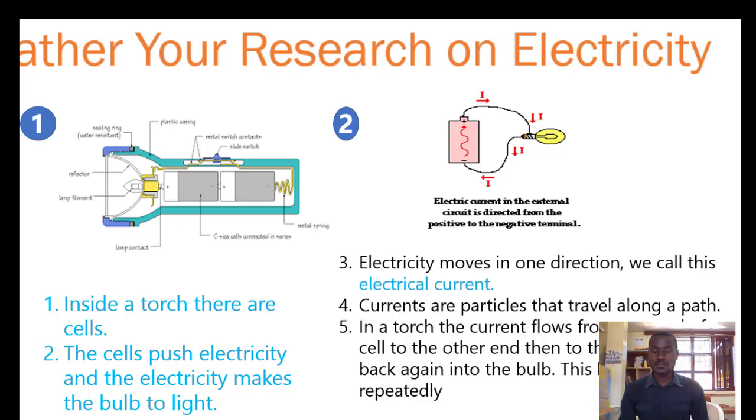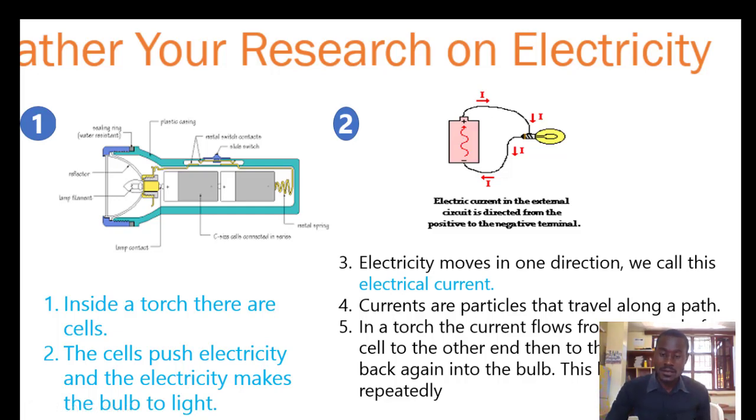We say that electricity moves in one direction. You can even see here in our dry cell, this is how the electricity is moving, and then it goes and reaches the bulb, and then the bulb is lighting, and electricity continues moving and gets back into the dry cell.